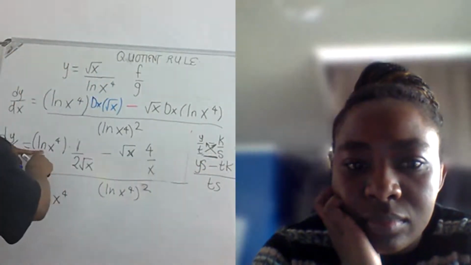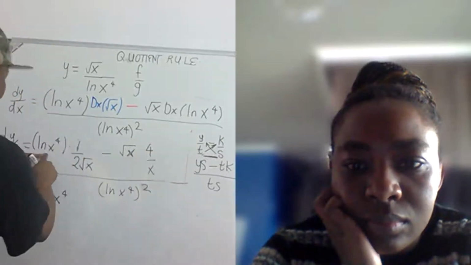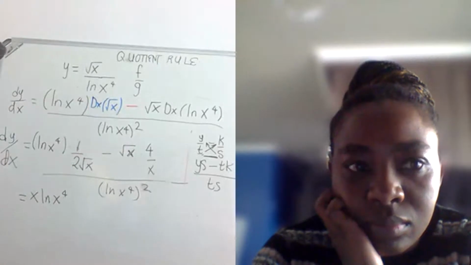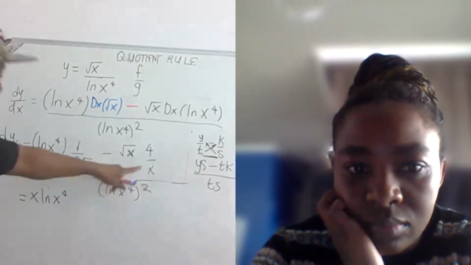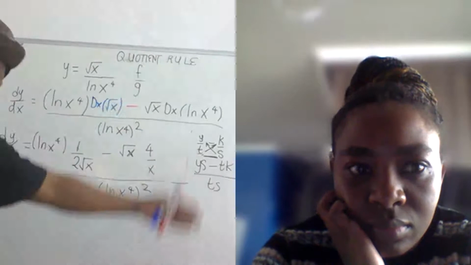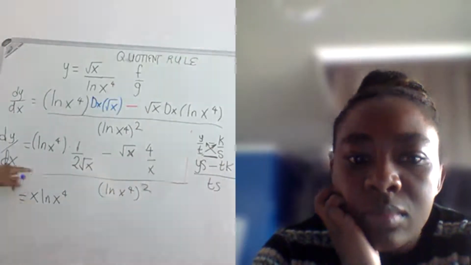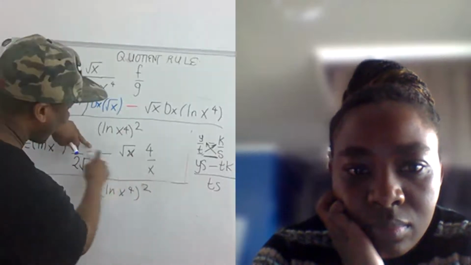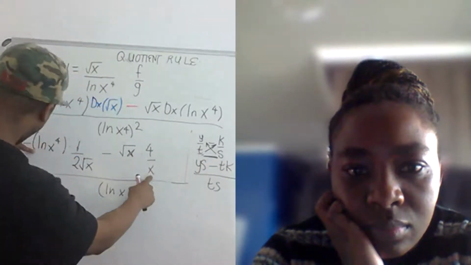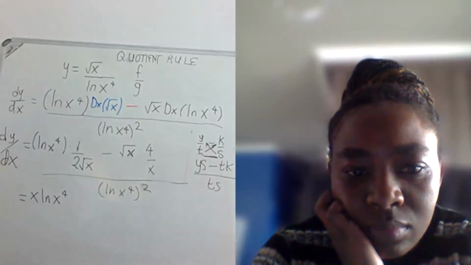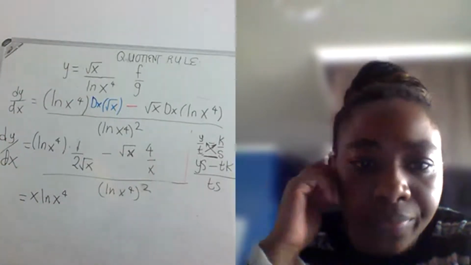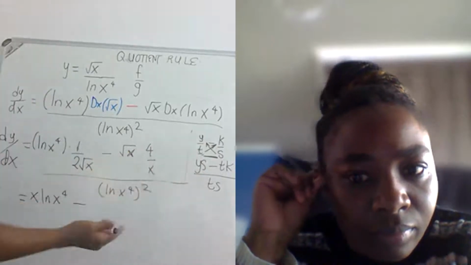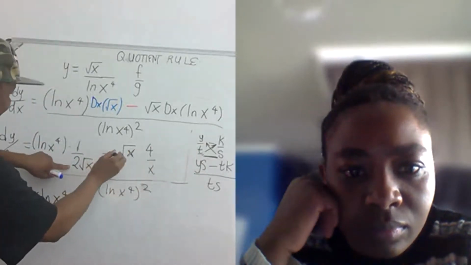So on top, ln x to the power 4 times 1 equals ln x to the power 4, times x, is x ln x to the power 4. Minus, just like here, but it was plus, so you say plus. Now you take this and multiply by that.